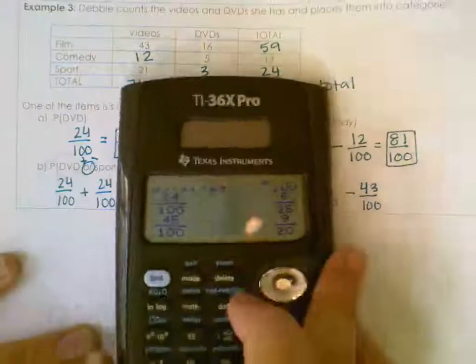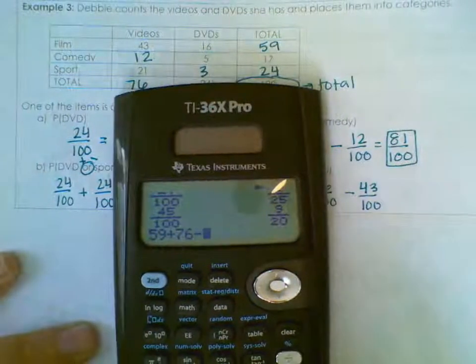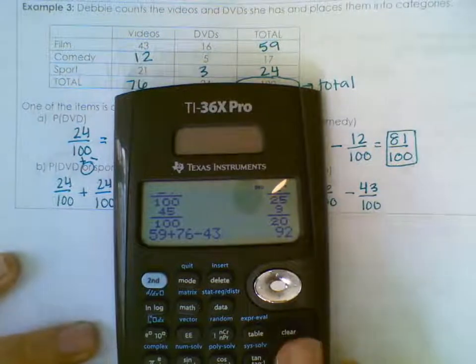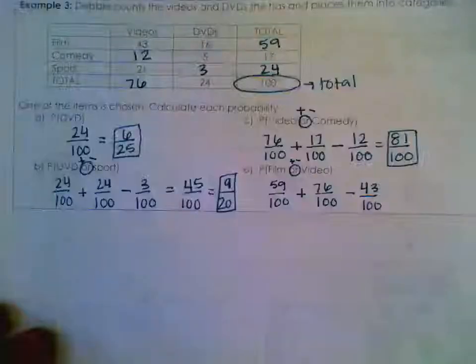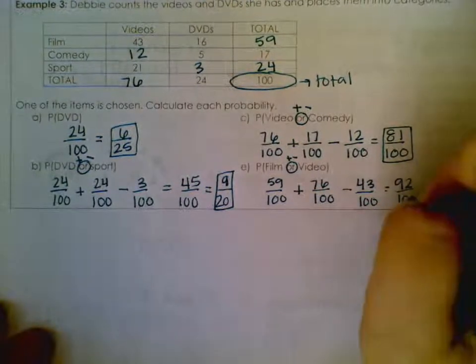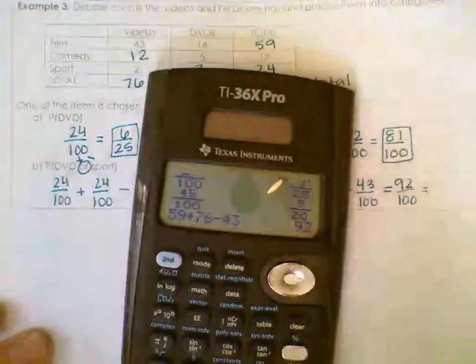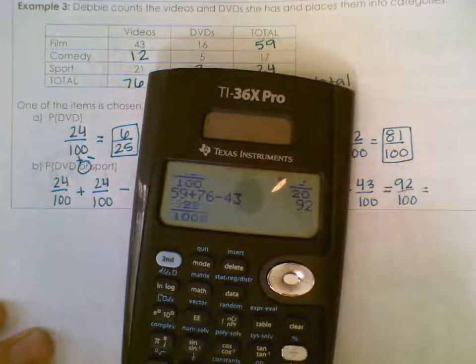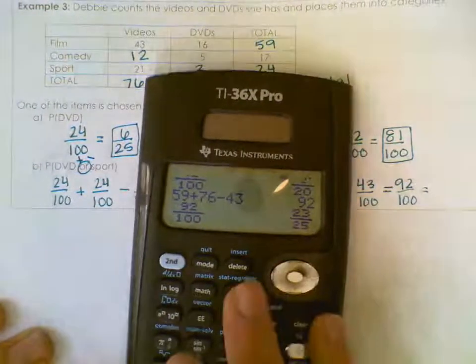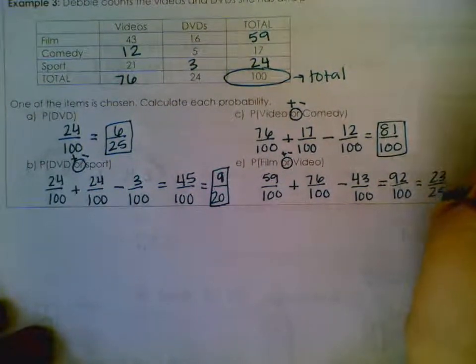So we have 59 plus 76 minus 43, which gives us 92 out of 100. And that gives us 23 out of 25 for our probability.